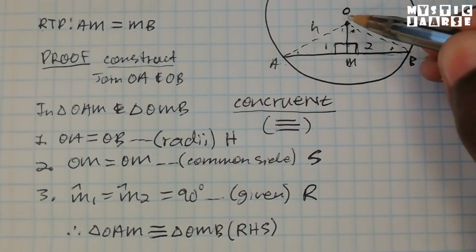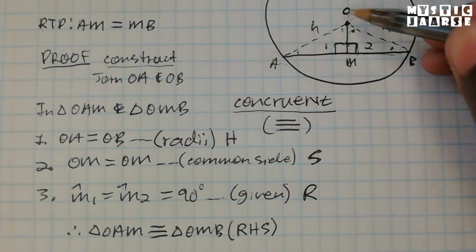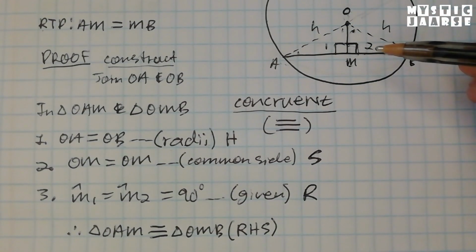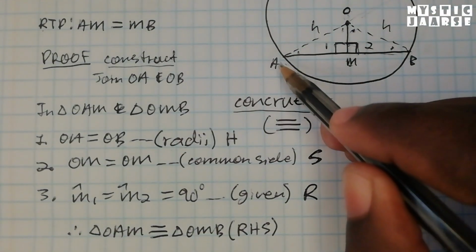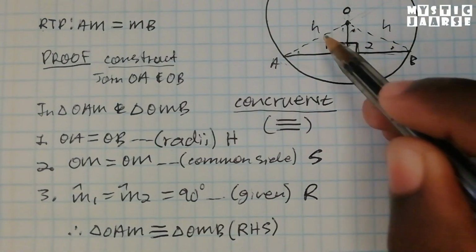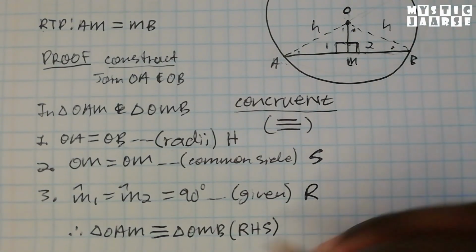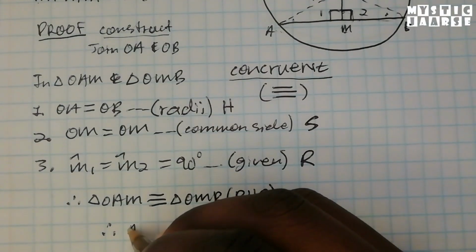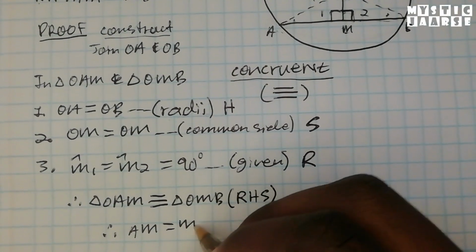So we have proven that OA is equal to OB, OM is equal to OM. Therefore, we can say that AM is also equal to MB because these two triangles are exactly the same. So therefore, AM is equal to MB.